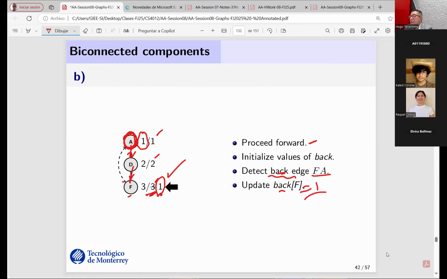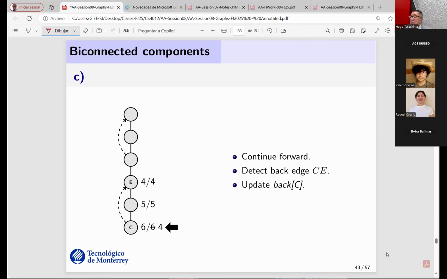It means that from here, I not only can go back to the node itself, but I can go to a node that is the ancestor of this one. So with this, I'm kind of constructing a cluster with those nodes in particular, right?